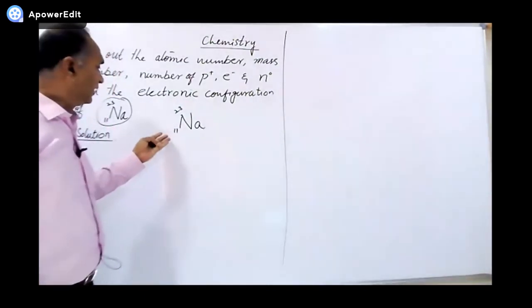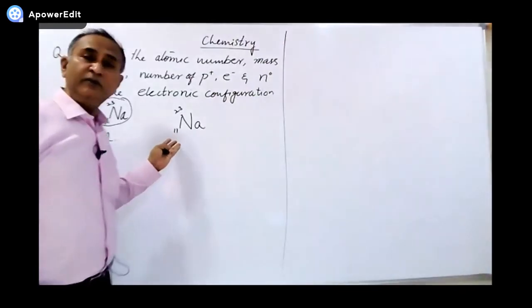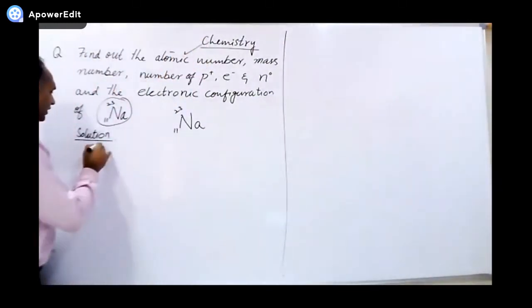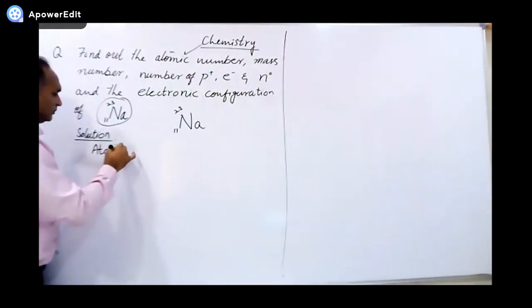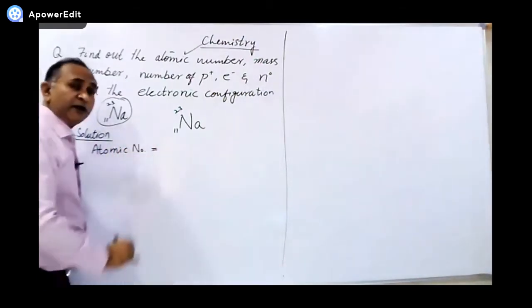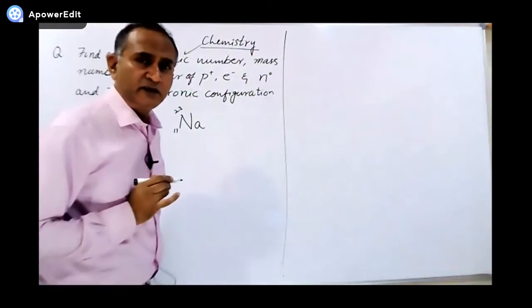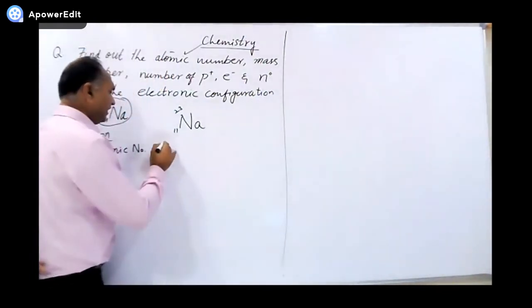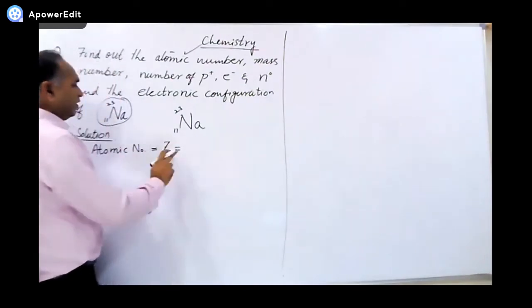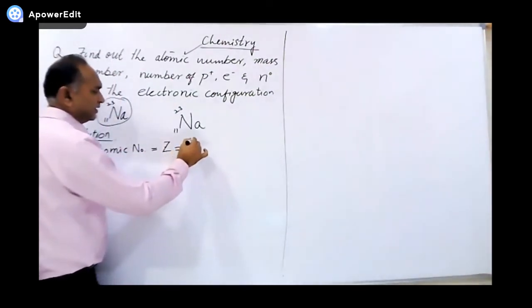You should say the atomic number is 11. So I'll write here the answer of the very first one. Atomic number. Atomic number is represented by which letter? Correct, by Z. So what is the value of Z? 11.